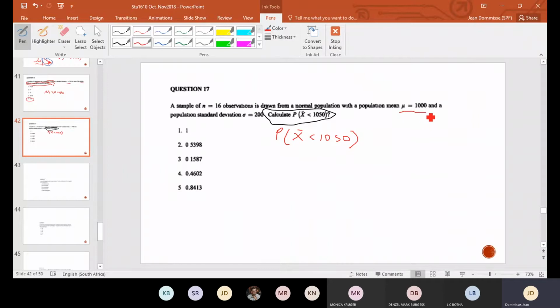So we have a mean, we have a population standard deviation. If we have population standard deviation, we are working with a z. That is also how you can see it in the exam. If I tell you it is not the population standard deviation but sample standard deviation, then you need to work with the t-value. We know it is population standard deviation, so it's a z.